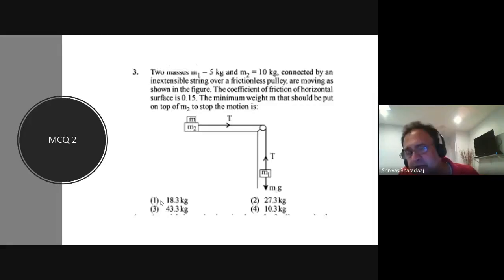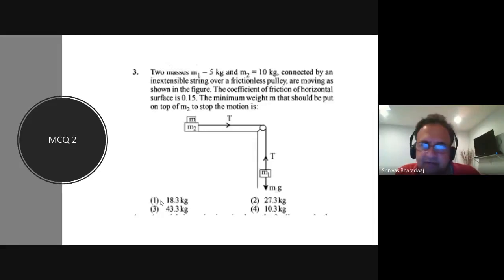So now you have to rely on the other equation. The other equation has T and m1, so T equals m1g. Then you plug that into the equation. m1g is what? 5 times 10, 50. Let's say you put g as 10, but you should do 9.8.